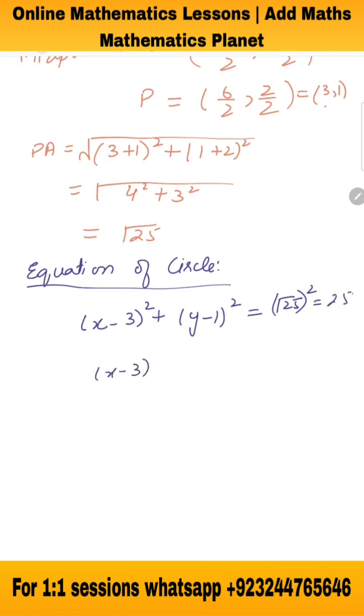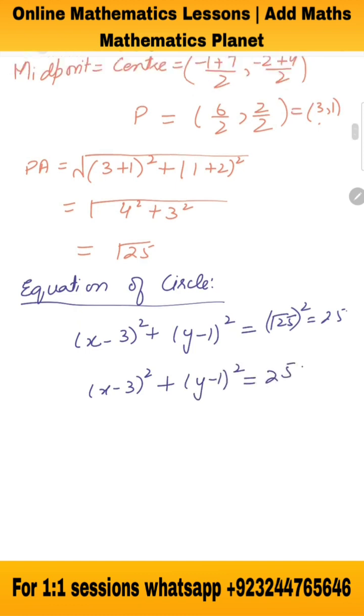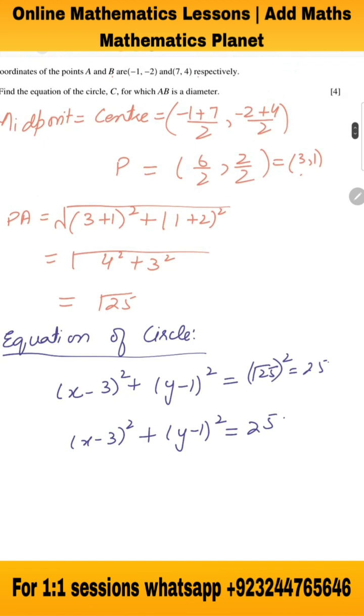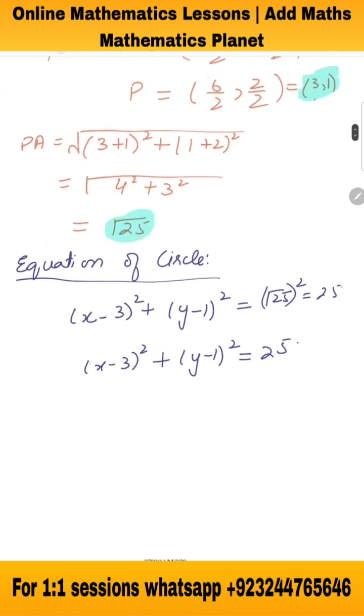So (x minus 3) whole square plus (y minus 1) whole square equal to 25 is the equation of the circle. So the important points I am highlighting: the center of the circle 3, 1 and the radius of the circle, and then we get the equation of the circle, which is this.